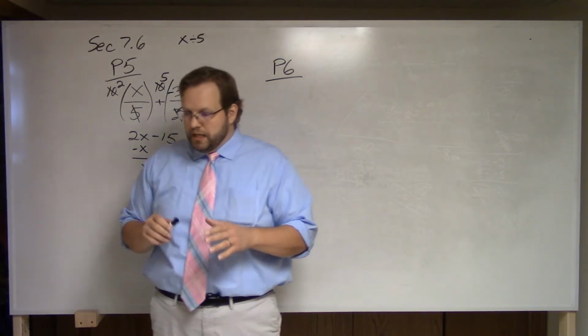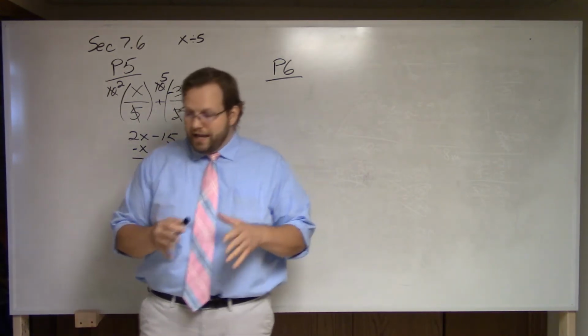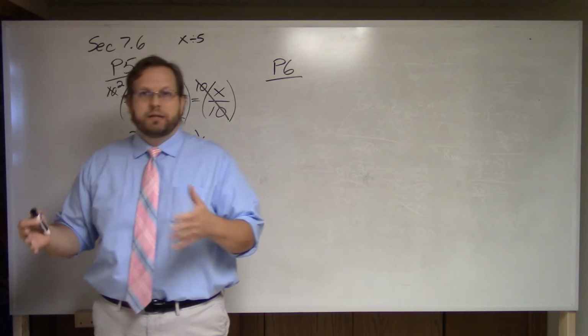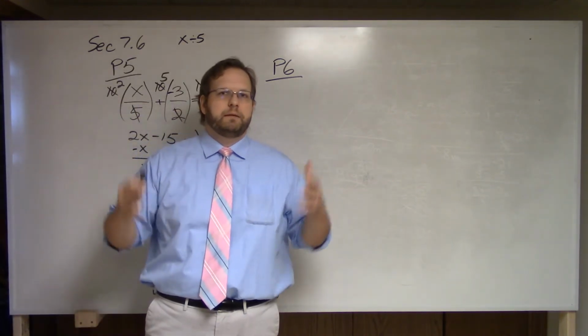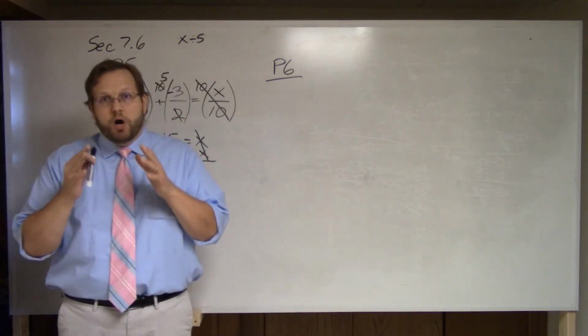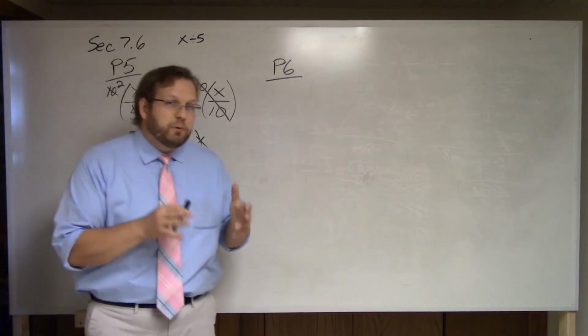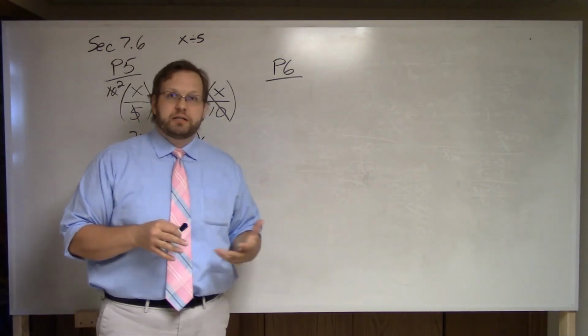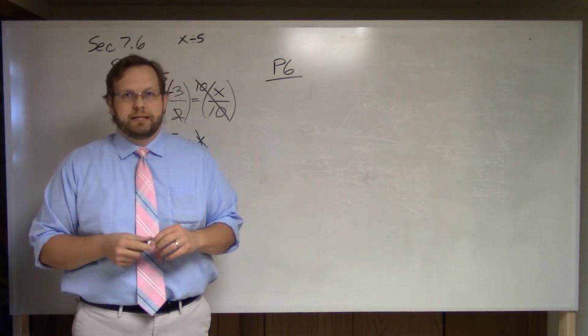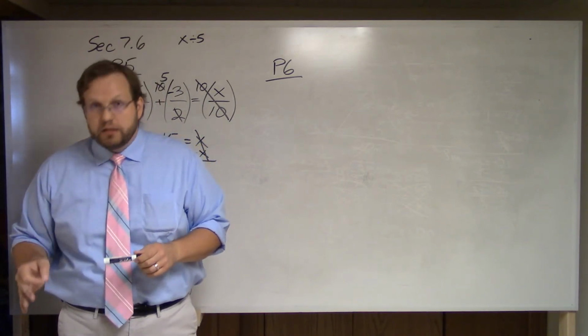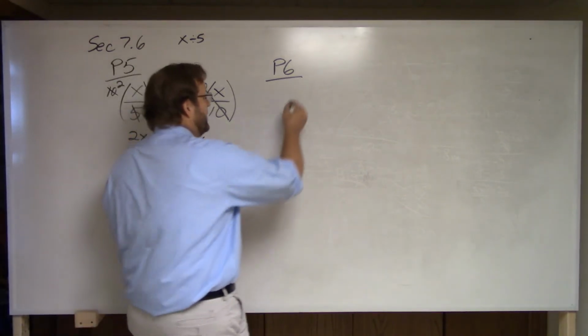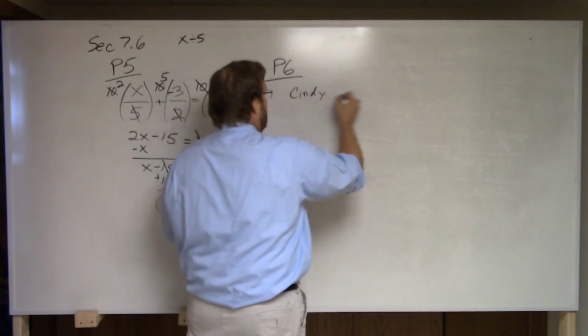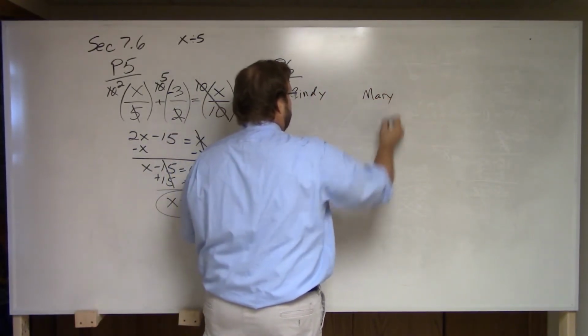Okay, so again, I read through it once. I have Cindy Lou and Mary Beckwith. They own a landscape company. That's fine. Now, they are always going to give you 2 people, 2 objects that are working, something like that. But in this case, we've got Cindy and we've got Mary.